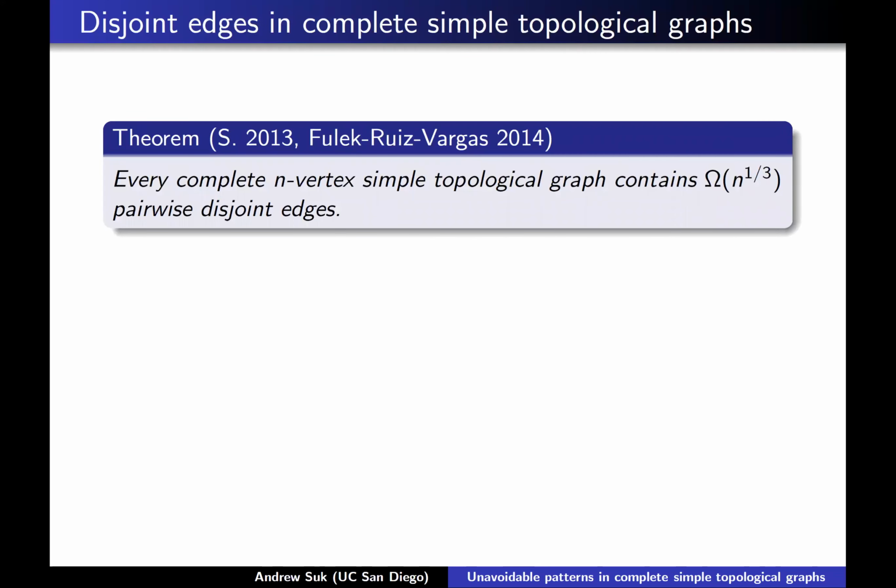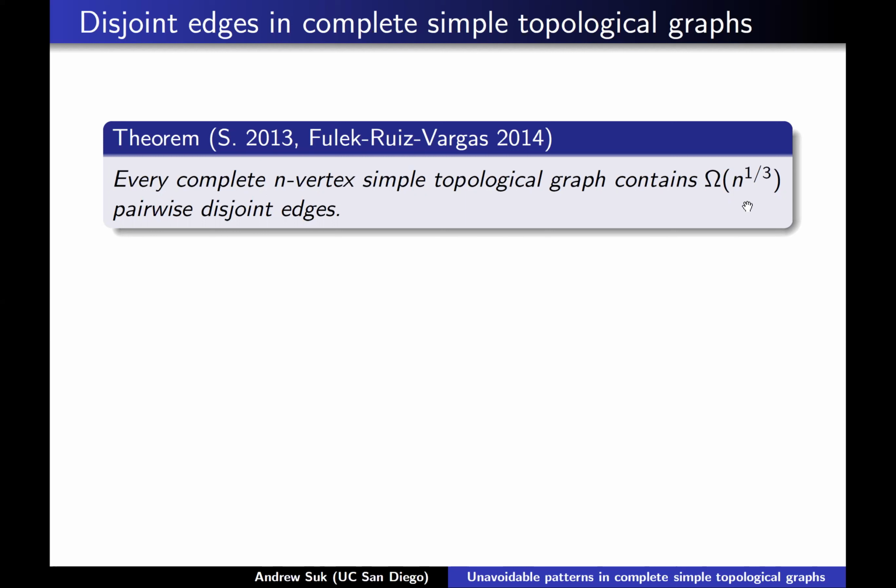Okay, so it is known that if you take the complete n-vertex simple topological graph, you can find a large set of pairwise disjoint edges inside of there. This was shown by myself and also by Fulek and Ruiz-Vargas.